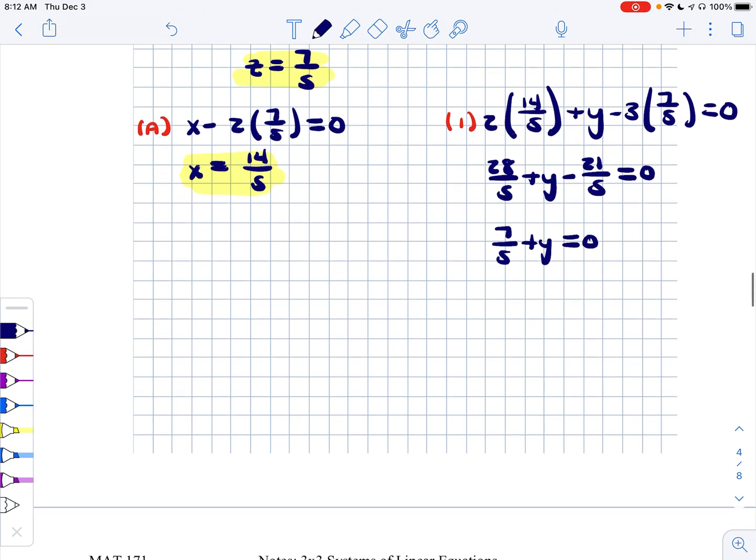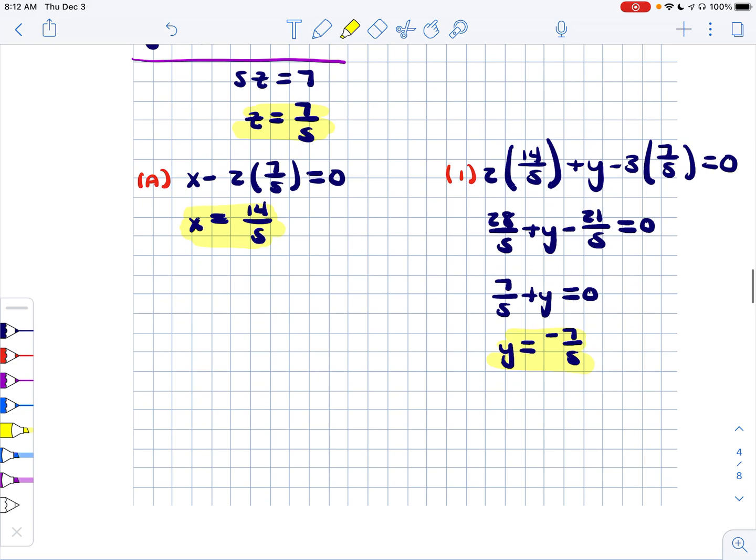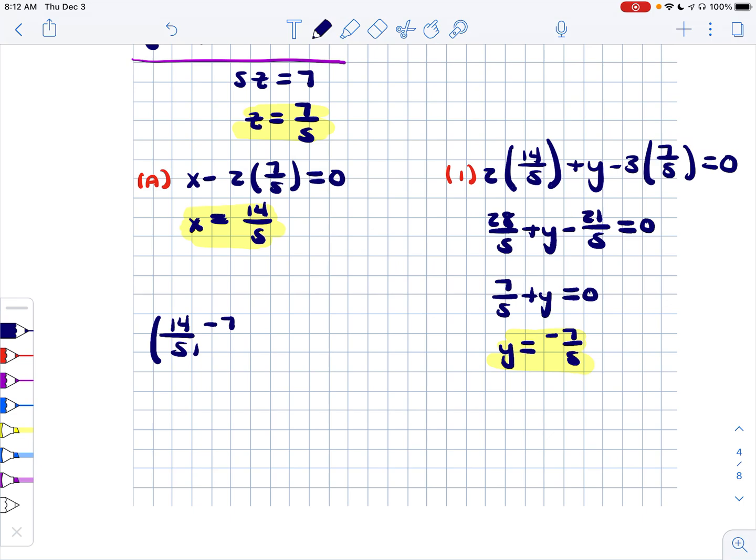Subtracting that over, y is equal to negative 7 over 5. Now putting our variables together, our x, y, and z, we have 14 over 5, negative 7 over 5, and positive 7 over 5. And that is our final answer.